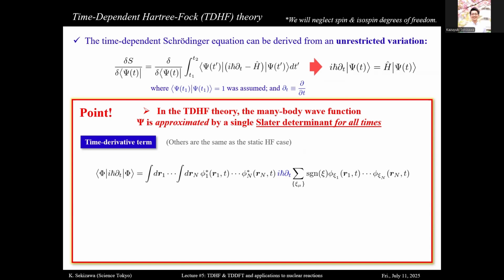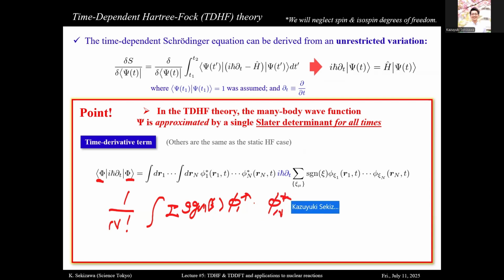Remember that you can put in the definition of the Slater determinant, and then you will get 1 over n factorial times the product, phi 1 through phi n, in the determinant.